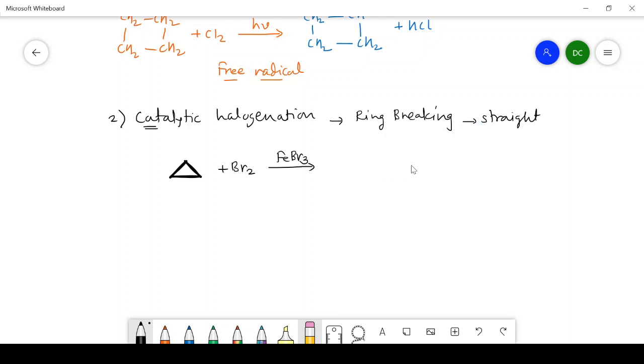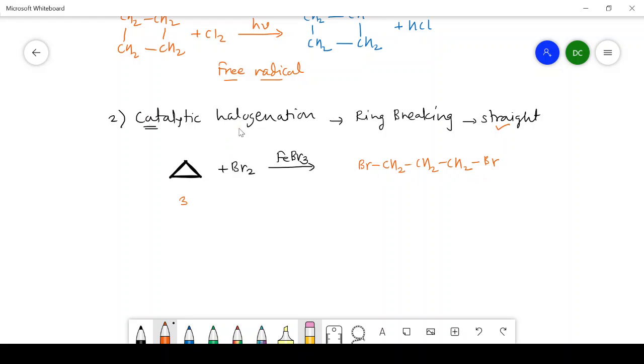Which compound? Straight chain. So look at the structure of this cycloalkane. There are 3 carbons. That's why I will write here CH2, CH2, CH2, because there is a ring breaking and formation of a straight chain compound. Then to this CH2 I will put here a Br, and here I will write a Br.